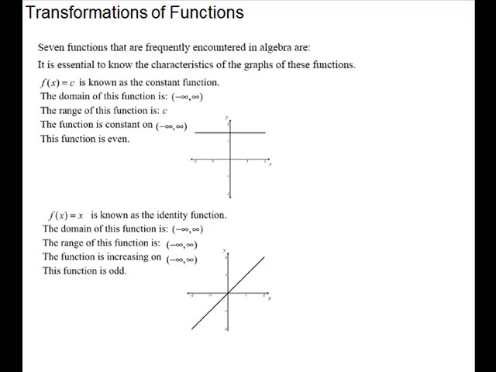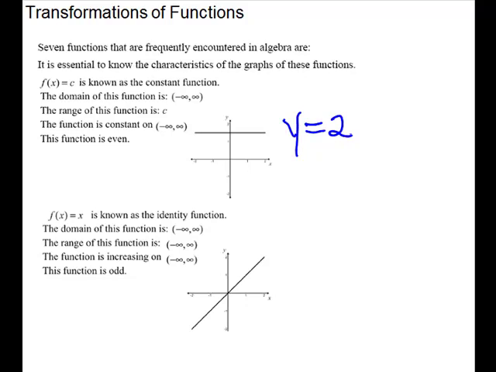The first one is a horizontal line, which is always y equals some constant. So this one looks like y equals 2. Right, and it tells you some things about that.